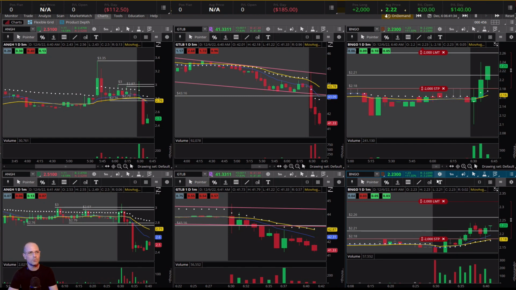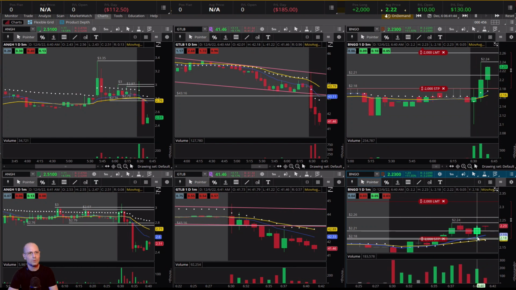Maybe we get an equilibrium here, so the high of this move is 224. It's very possible we could pull back from here. It's an inside bar on the 5 minute. Could pull back. Bulls would want to hold the low of 218 on a pullback. I would rather see the break, obviously.